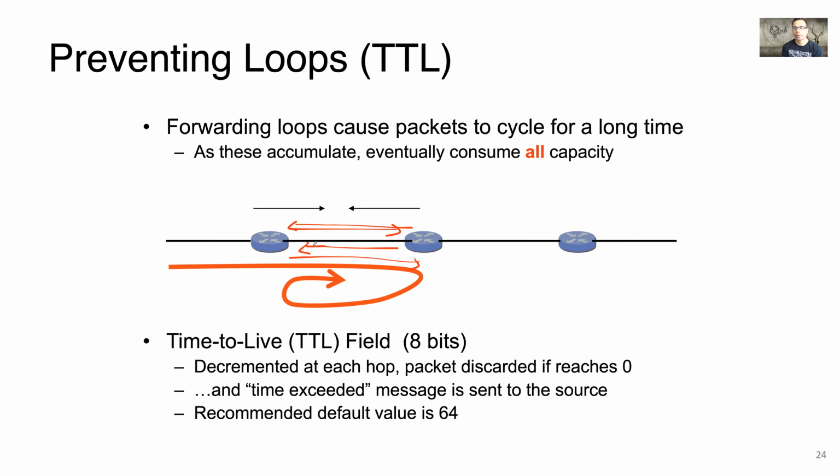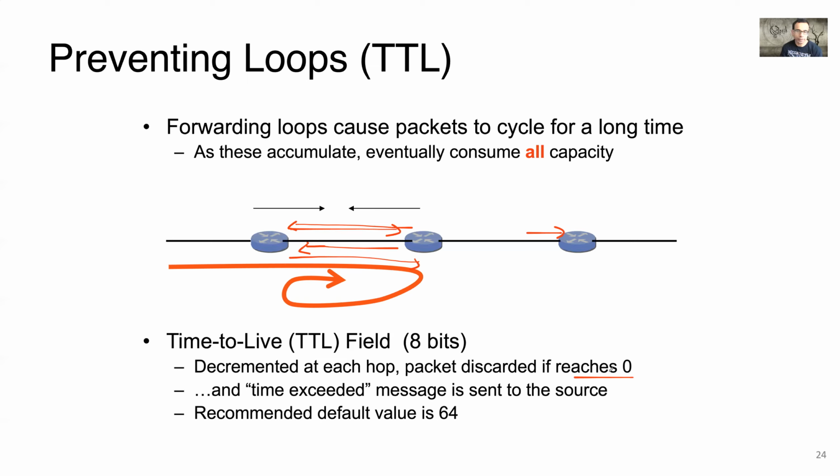So the way to prevent that is to have a certain time to live field in the IP datagram. And this field is actually decremented at each router. So each time a router forwards a packet, it decrements the value in the TTL by 1. Now, eventually, if a packet arrives at a router and the TTL value, when it decrements it, becomes 0, it means this datagram is too old.